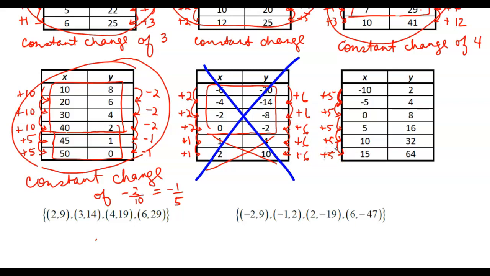That means if it's linear, we have to have a constant change in y. So that's +2. But now that's +4. So right away, I know it's not, because I'd already done the change in x. So +8, this is +16, this is +32. So right away, I know it's not linear.